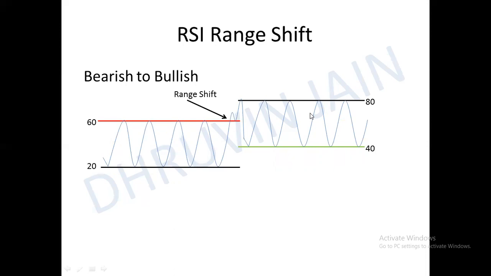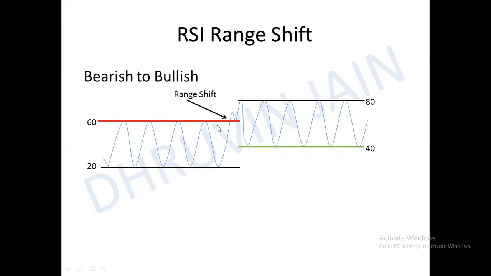Here you will see that when price was in a lower high, lower low downtrend structure, RSI was in the 60-20 region, where 60 was acting as a great resistance. And when RSI shifts to an uptrend, the 60 region breaks.